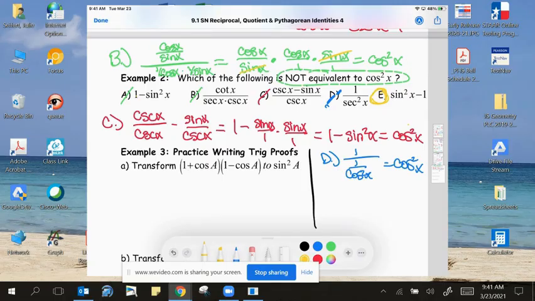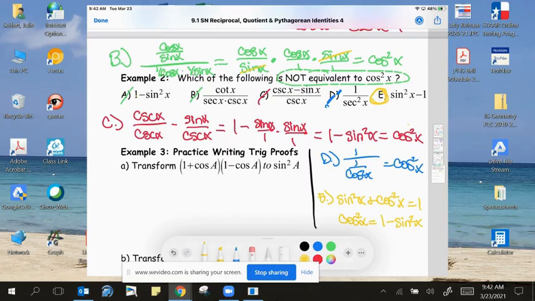Now, it looks pretty similar. The identity is sine squared x plus cosine squared x equaling 1. So to get cosine squared x by itself, it would be 1, and then we subtract the sine squared x.